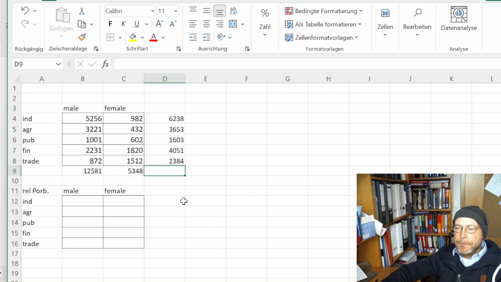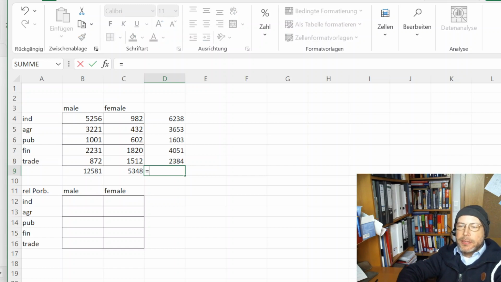So how many people do we have? We need the total number of our sample. This also seems pretty well.